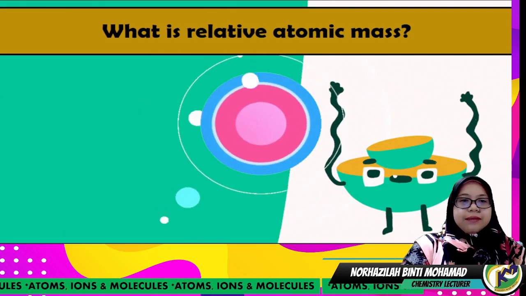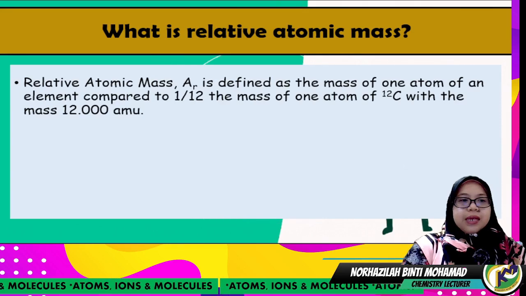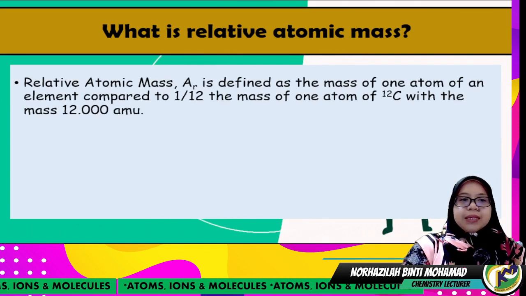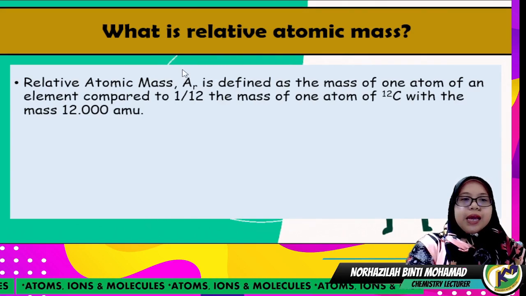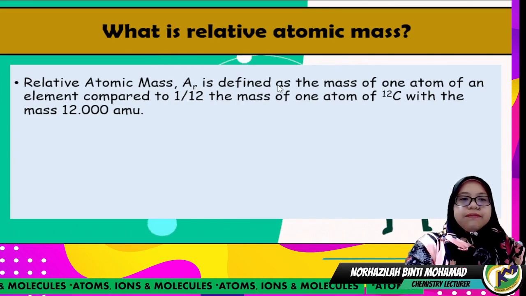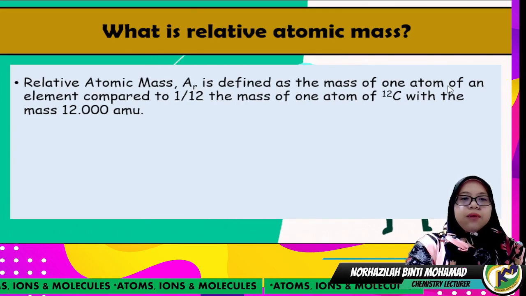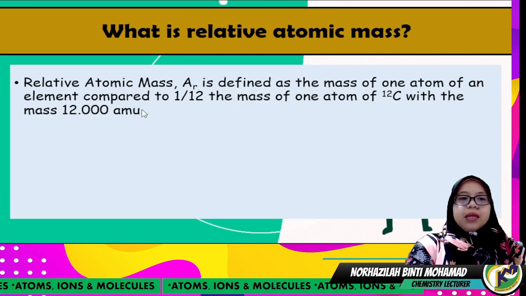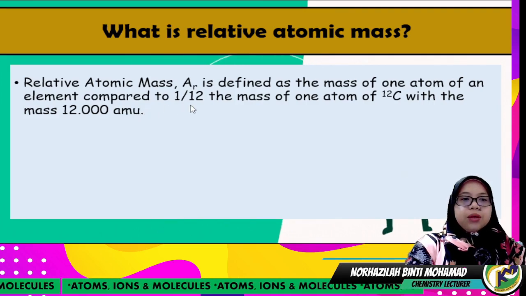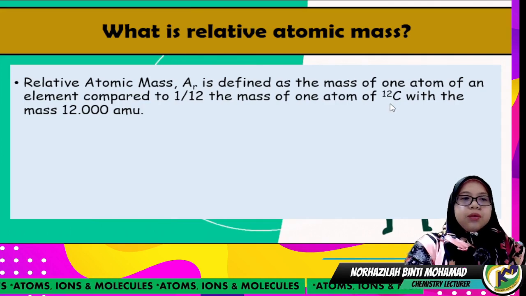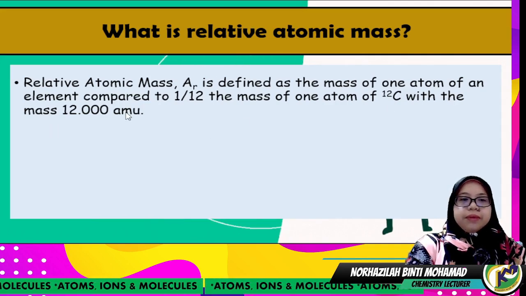So what is the relative atomic mass? The relative atomic mass, with the symbol Ar, is defined as the mass of one atom of an element compared to 1/12 the mass of one atom of carbon-12 with the mass 12 AMU.